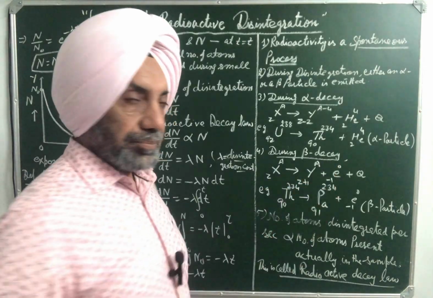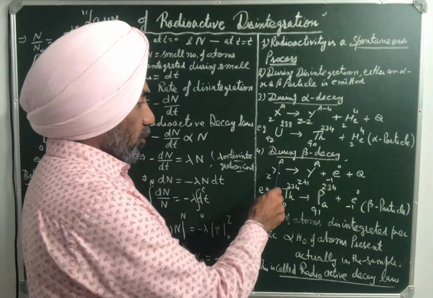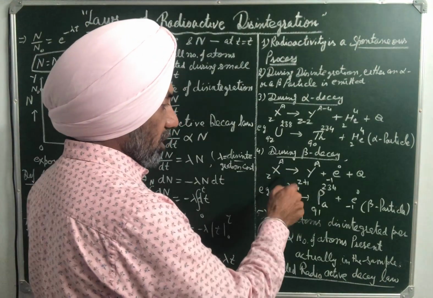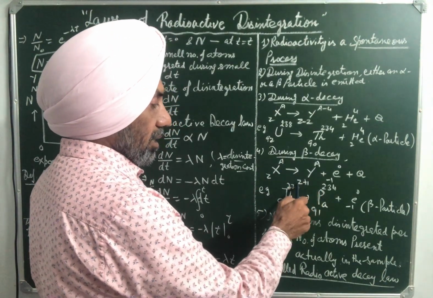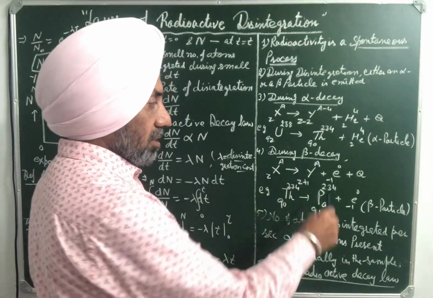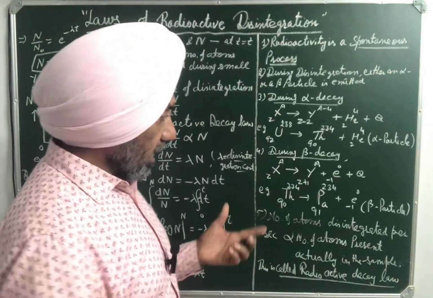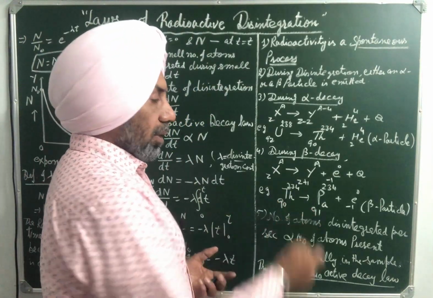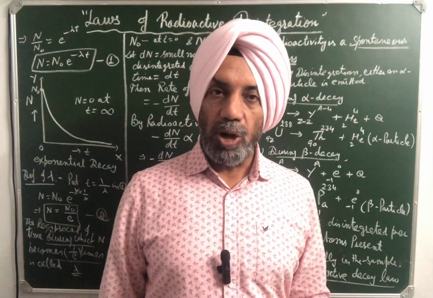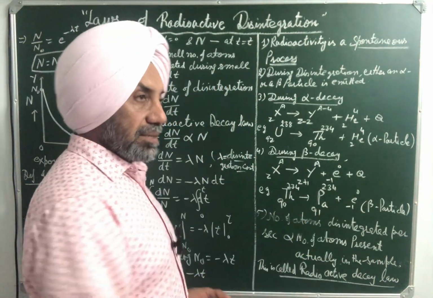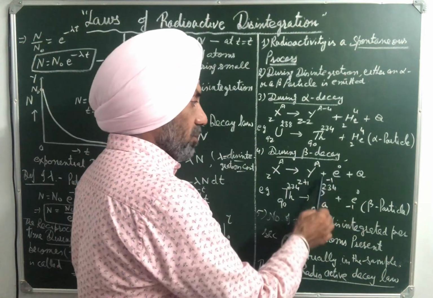During beta decay, suppose X Z A is the parent nucleus, it gives Y Z plus 1 A daughter nucleus plus electron plus energy. So in this case, during beta decay, atomic number increases by 1, whereas mass number remains the same, and an electron is emitted.